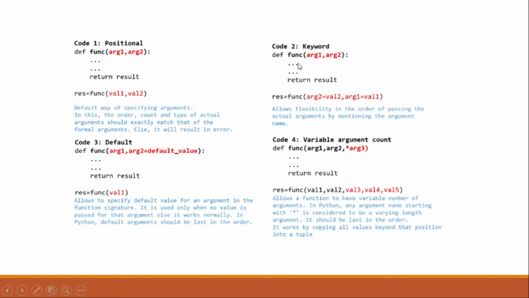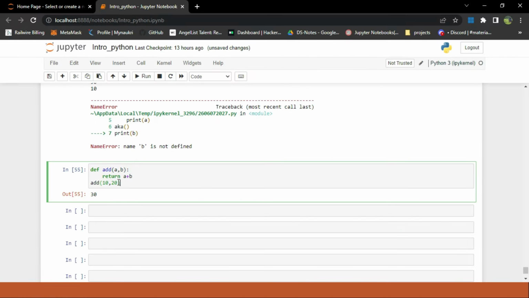The next one is the keyword argument. That means you are assigning the arguments as required, that means you are giving the name. For example, b is equal to 900 and a is equal to 100, so it will print 1000. In this way also you can do it, giving whatever value you want to give here.